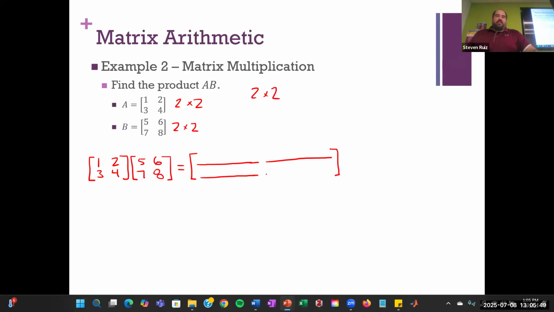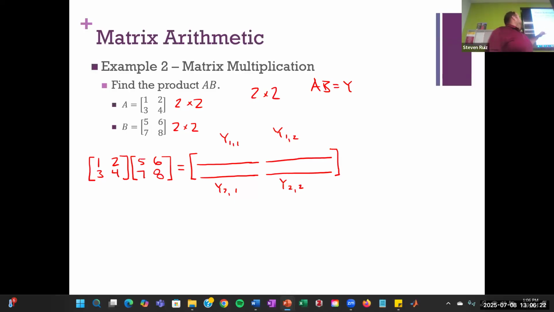So this matrix that we're about to build has 2 rows, 2 columns. And the way you get any entry in this matrix, so let's say that A times B equals Y. Then these entries are going to be like Y11, Y12, Y21, Y22. So we talked about yesterday how to index these things. First part of that subscript is the row number. Second part of that subscript is the column number.